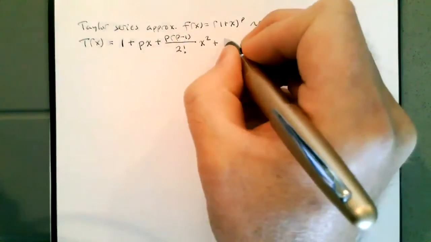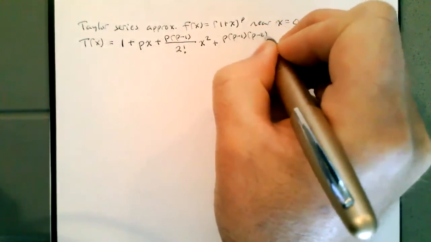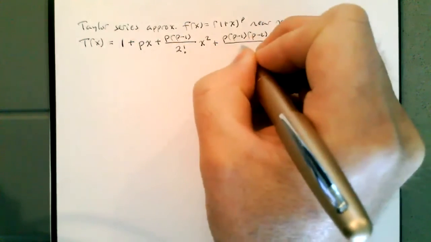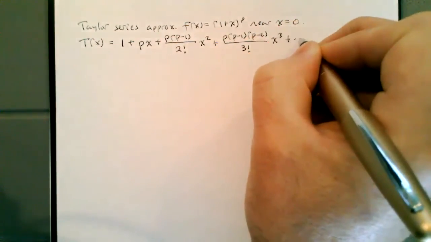And then we just have p times p minus 1 times p minus 2 over 3 factorial, x cubed, and so on.